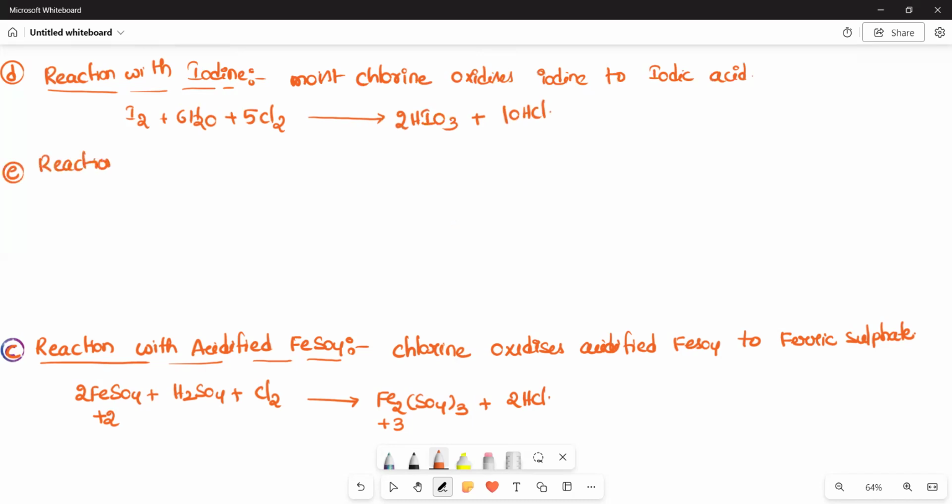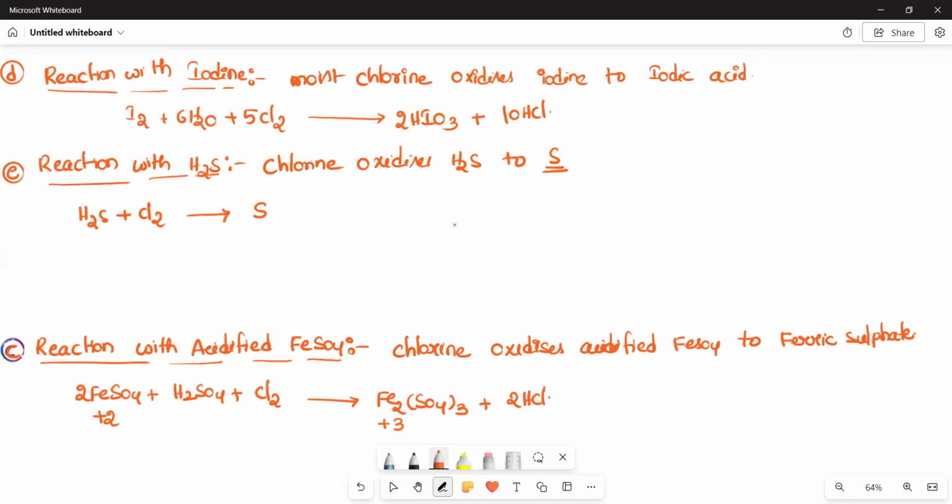Next one, reaction with H2S, hydrogen sulfide. This gives the worst smell, called rotten egg smell. Whatever smell comes from rotten eggs, H2S smells like that. Okay, chlorine oxidizes H2S to only S. So H2S plus Cl2 gives S plus 2HCl.